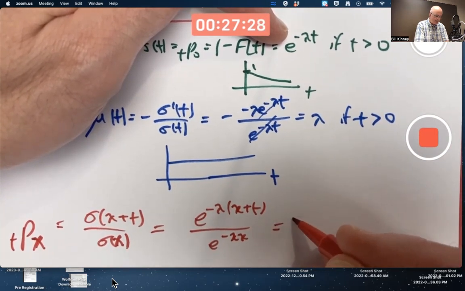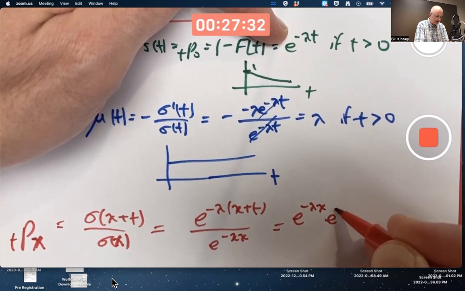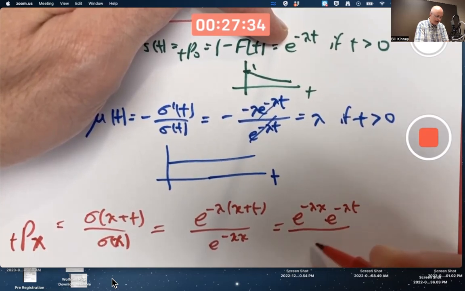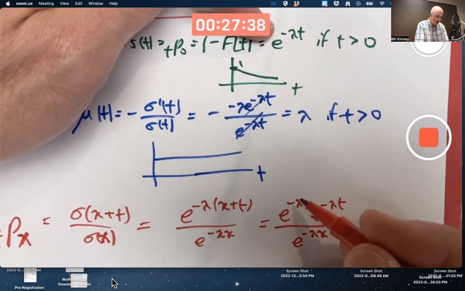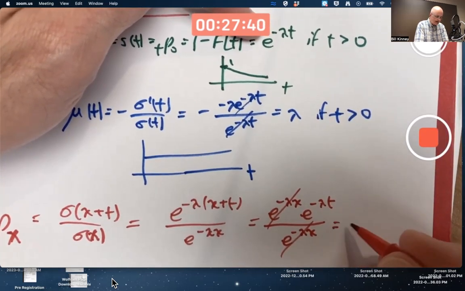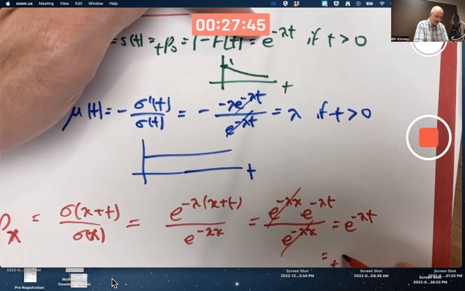And then, I'm really tempted to do this. Should I do this? It's certainly okay to do this because of properties of exponents. And look at this. Cancel, cancel. e to the negative lambda t, which is the same as tP0.